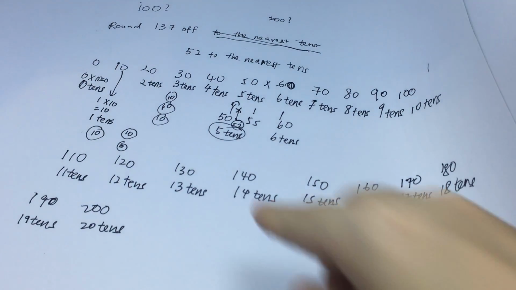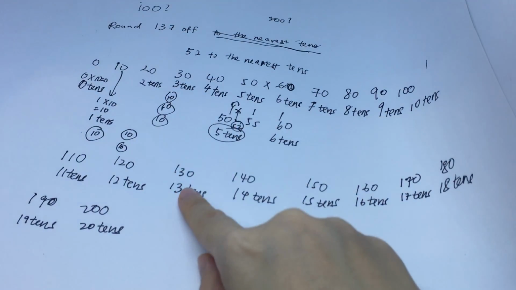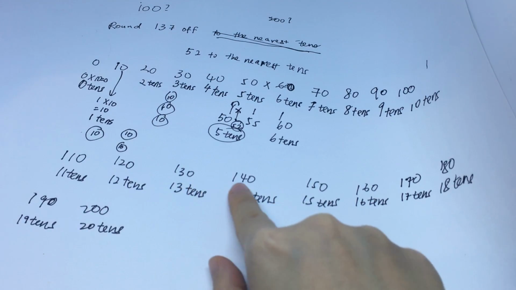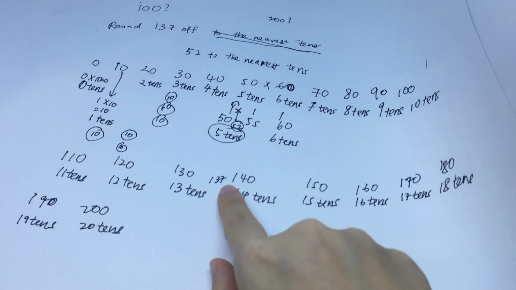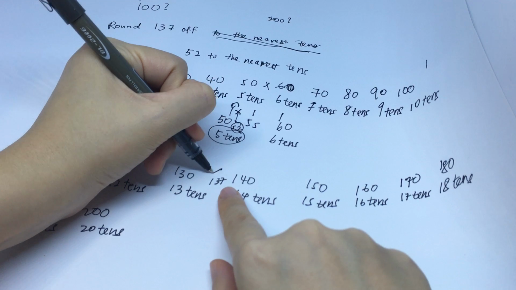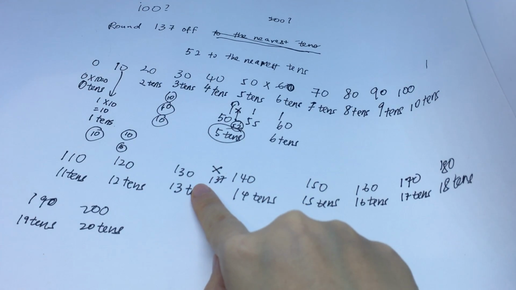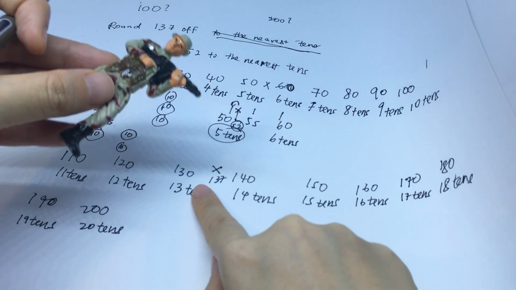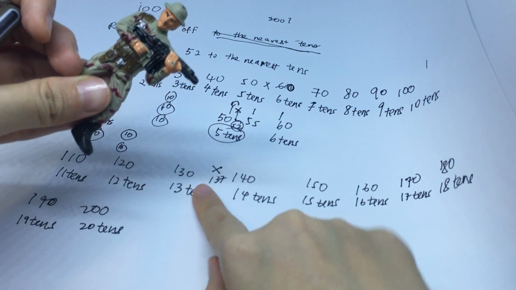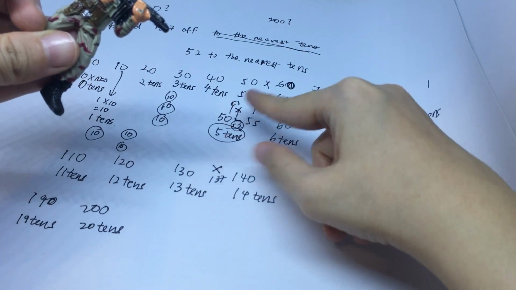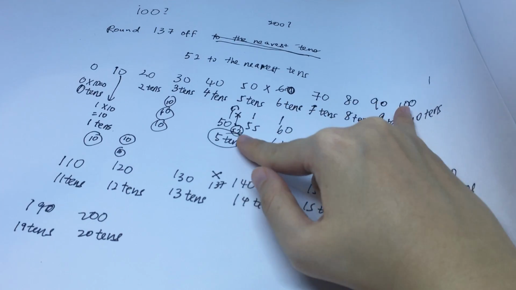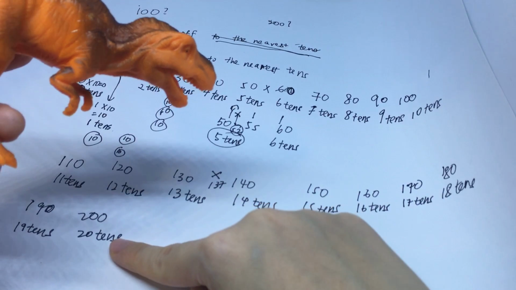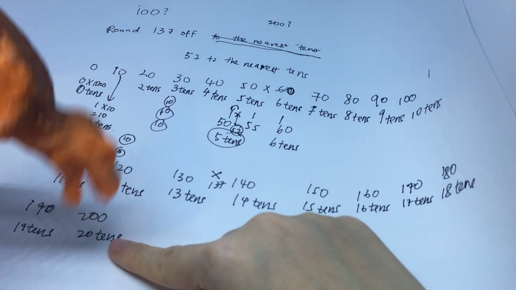So let's look at 137. It is in between 130 and 140, so it is around here. Soldier said that if I round it off, I would get 10 tens. And Rex said if I round it off, the nearest ten would be 20 tens, which is 200.